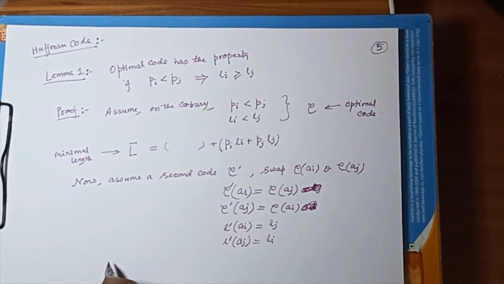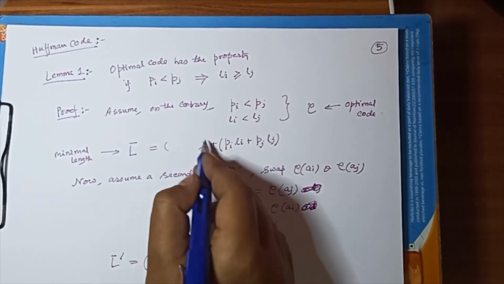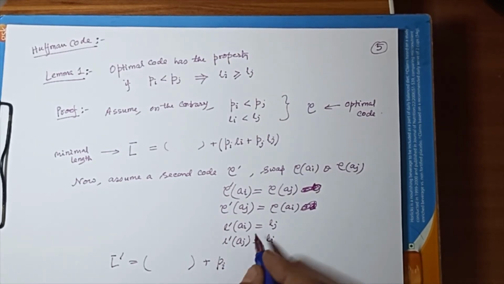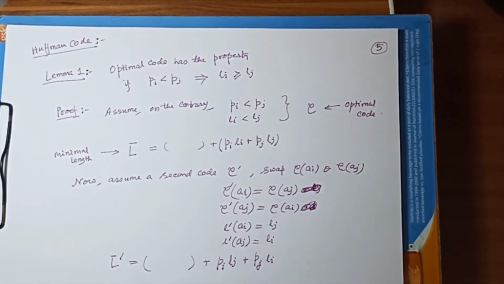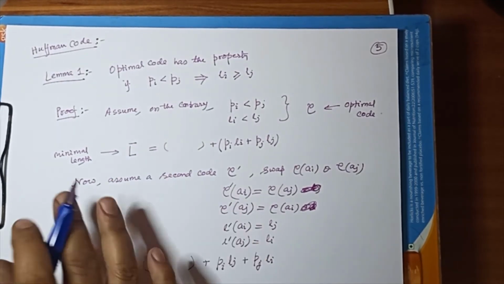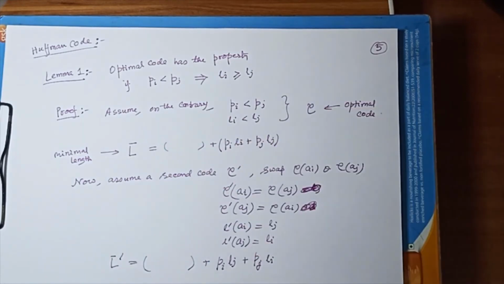Then what is the average length for this? The remaining thing is the same. I did not alter anything, but only these two. So the probability remains the same. For ai the probability is pi, but length is now lj, and for pj the length is now li. I will show you that this is less than this. So this cannot be the minimal and this cannot be the optimal.